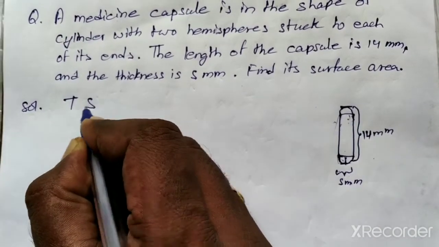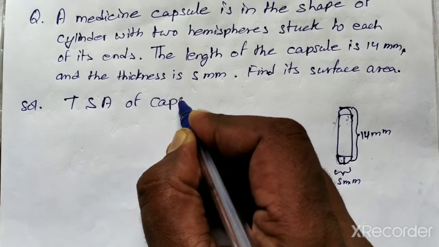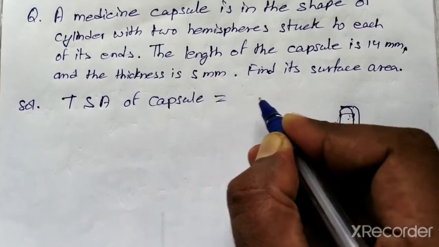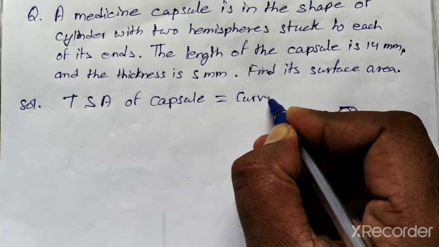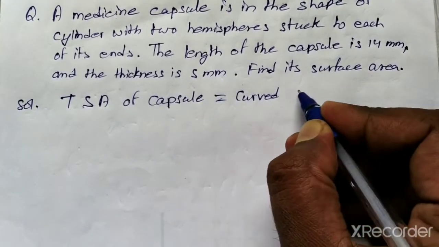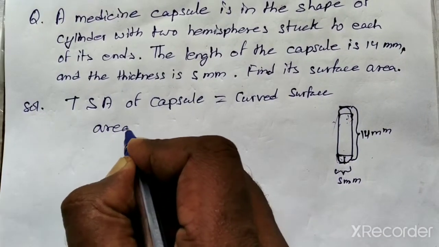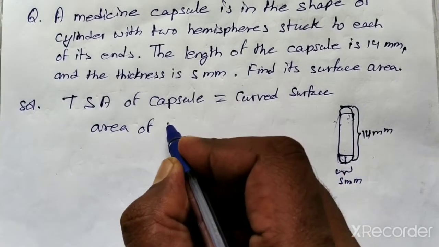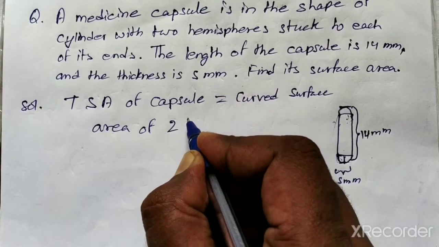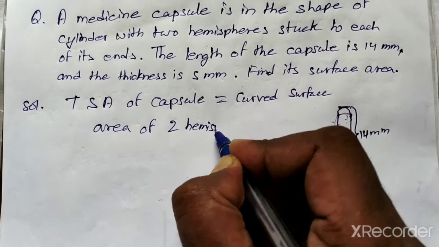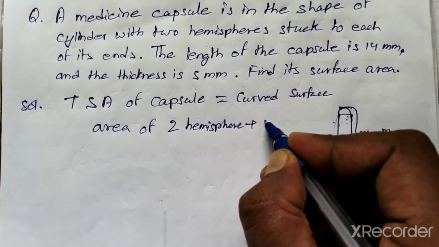total surface area of capsule is equal to curved surface area of two hemispheres plus cylinder.